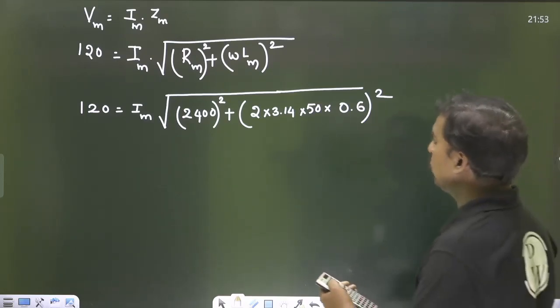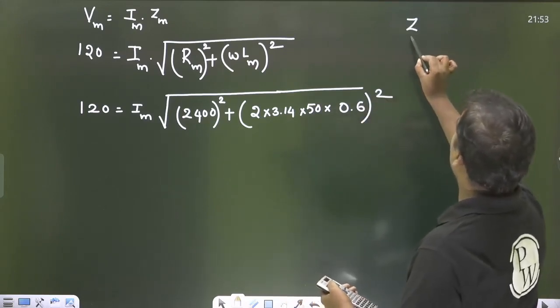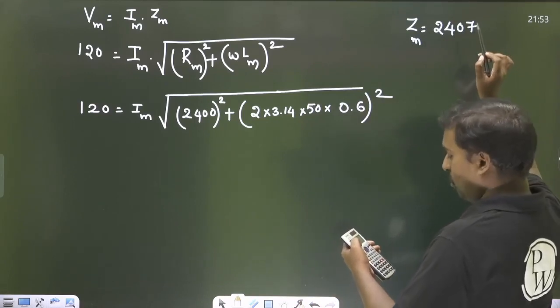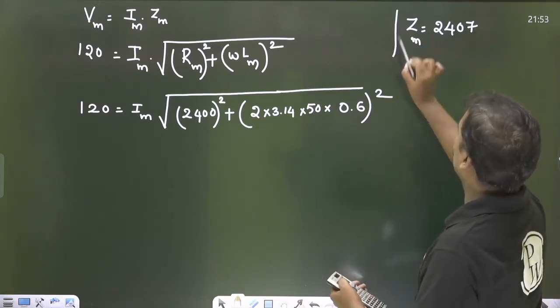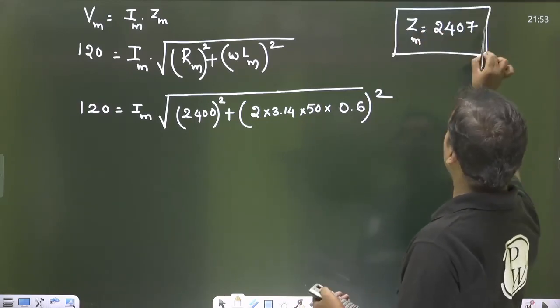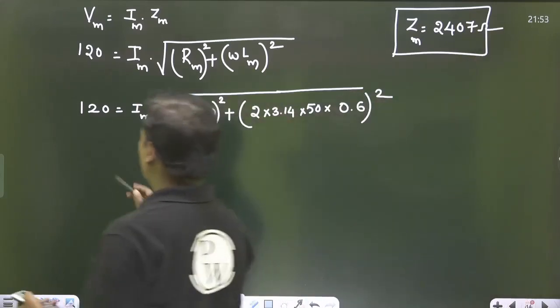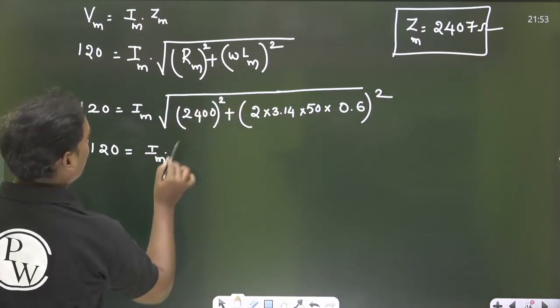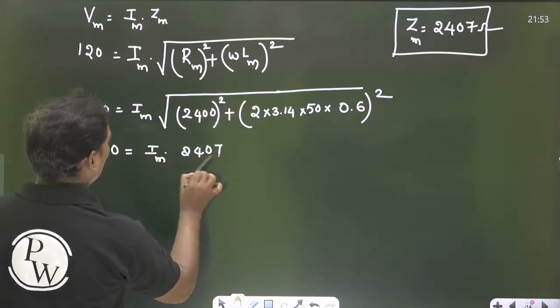Yeah, it is coming 2407. So Zm I am getting as 2407.4, okay, 2407 ohms. That's it. So 120 is equal to Im into Zm. The Zm is coming as 2407 ohms.